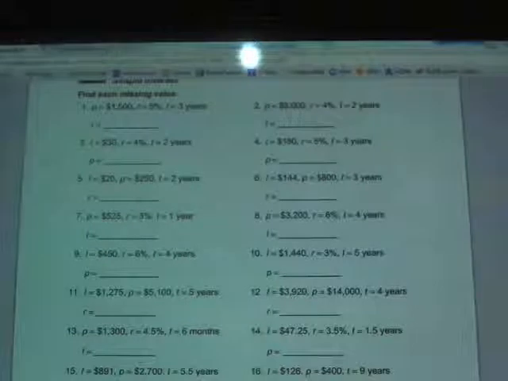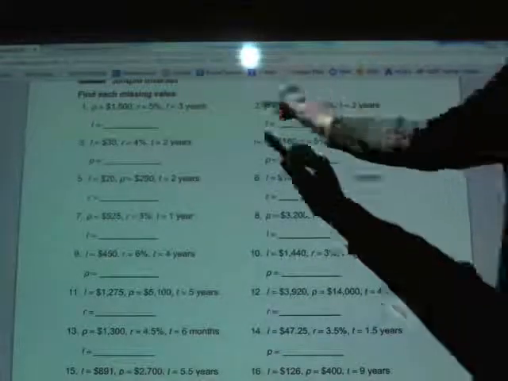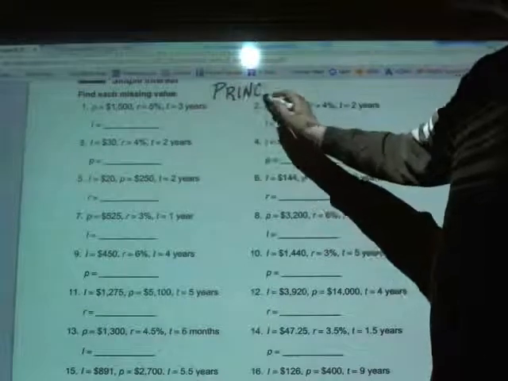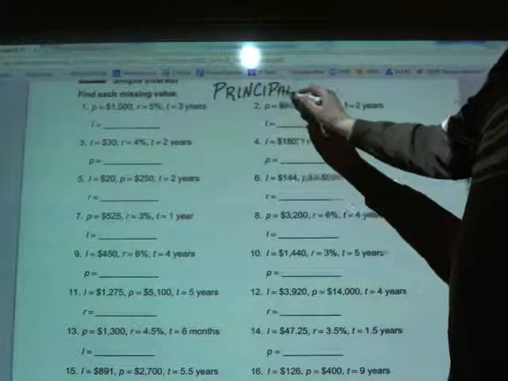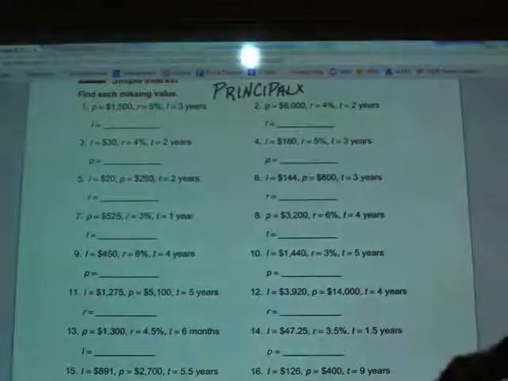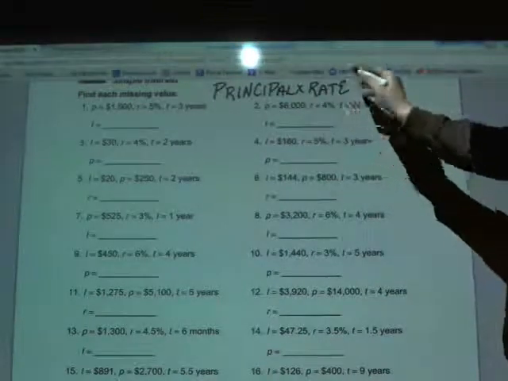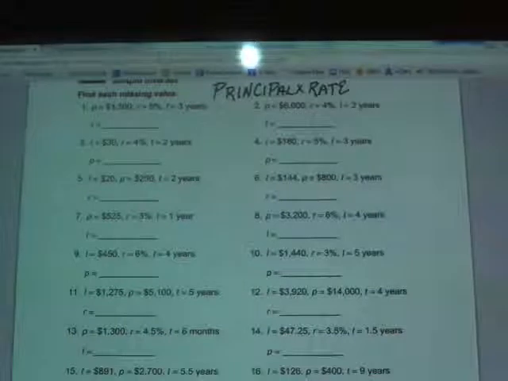The formula for finding interest says if we take the principal, which is the amount that's being loaned or borrowed, or the amount you put into a checking account, an initial dollar amount, and multiply that by the rate of interest, so the extra money you're making or the extra money you're paying, depending on your situation, that's going to be a percentage.